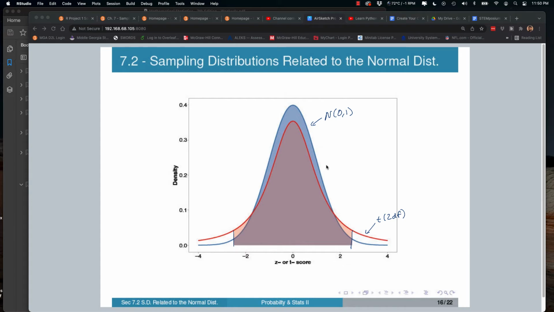And there's a reason for that. What we say when we see fat tails on a normal looking curve like this, or for the t-distribution, is that there's more variability. So the fatter or taller your tails are, and the lower your mode is, so to speak, your high point, the more variability there is. So the variance would be larger in this case.